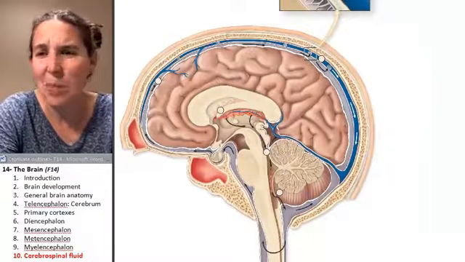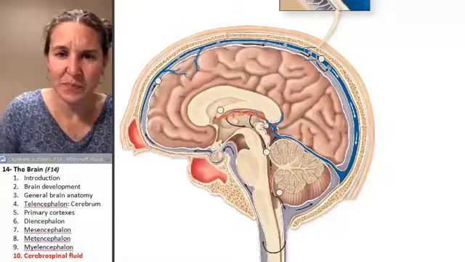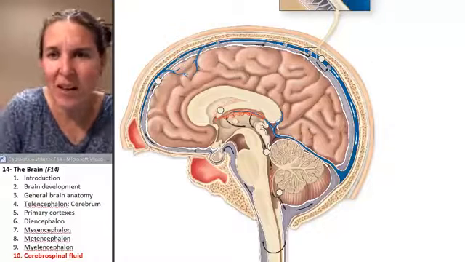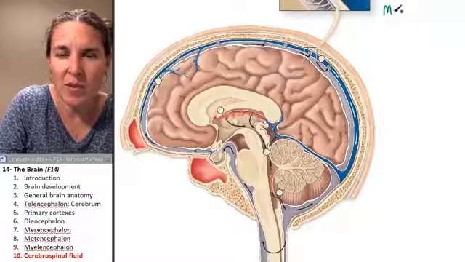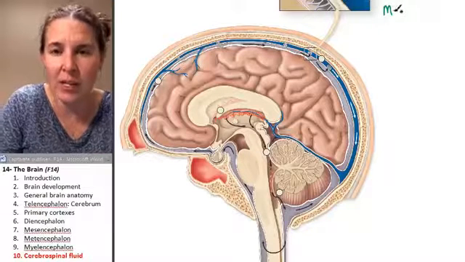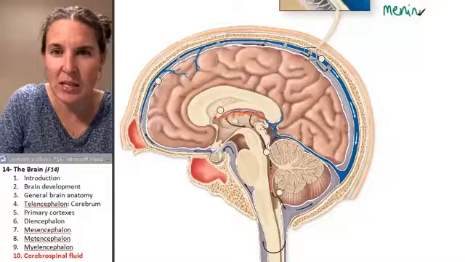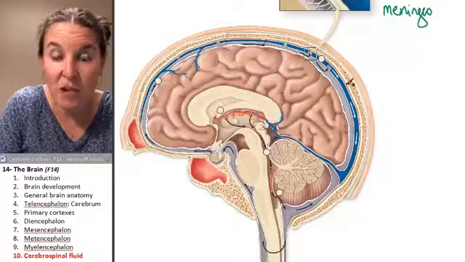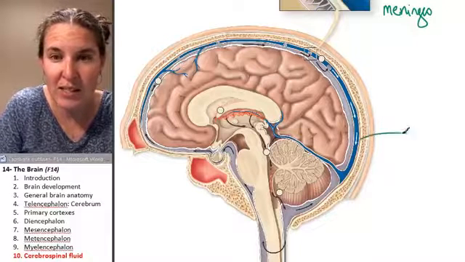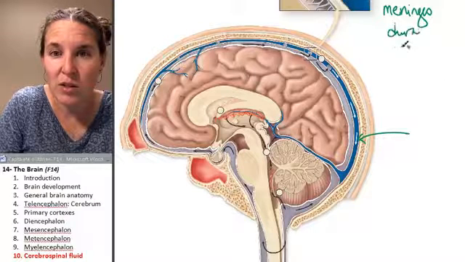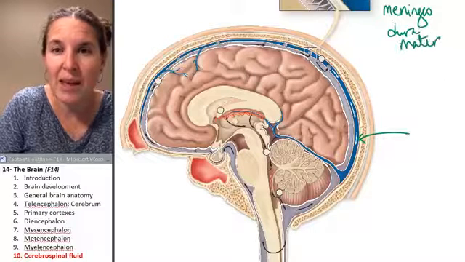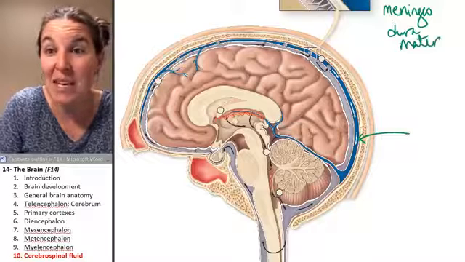And let's label our meninges while we're here, because meninges are, remember, the structures surrounding your brain and spinal cord? We have the dura mater, which is tight to the skull. And then we have the pia mater.